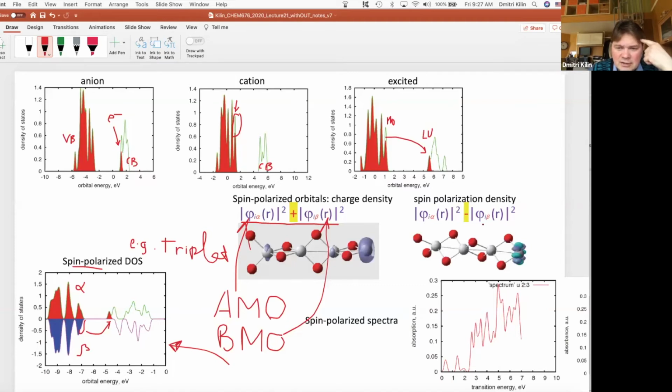And this is a more natural way. It's not as visual for humans, but it is more natural for computations because it is what is used in the procedure of converting density into functional.